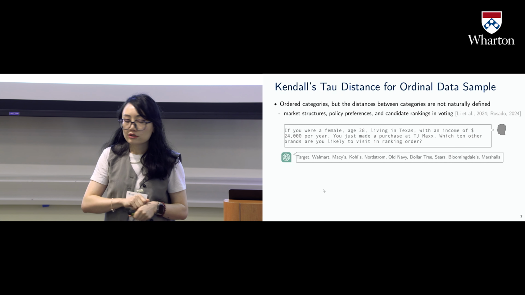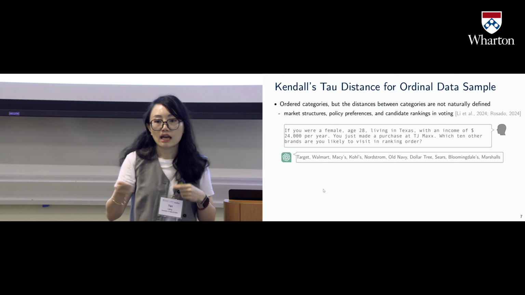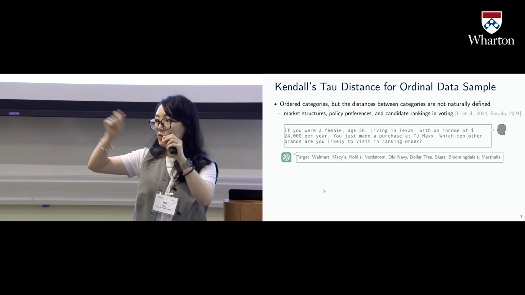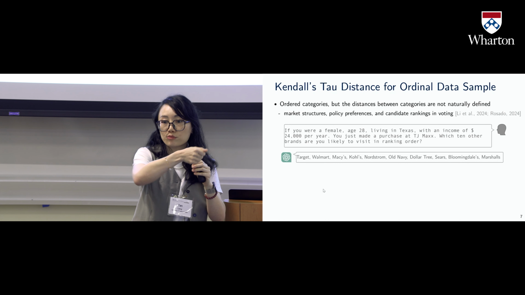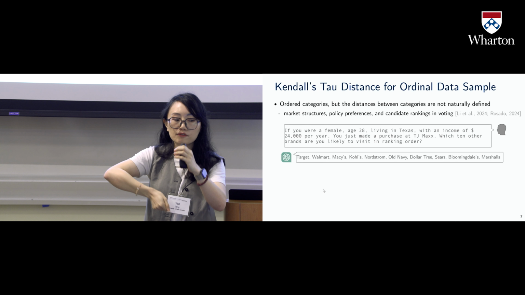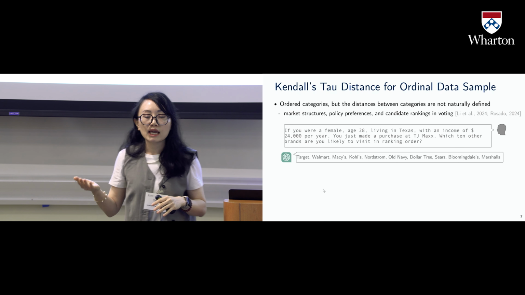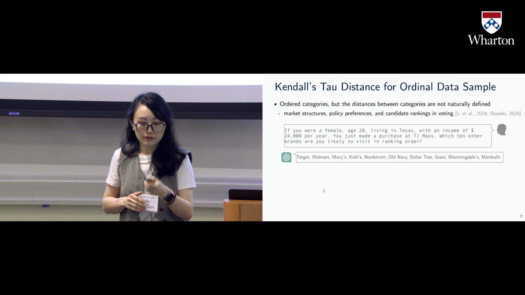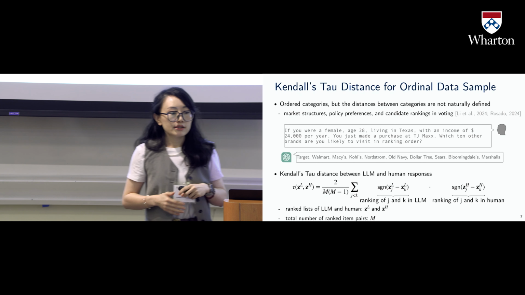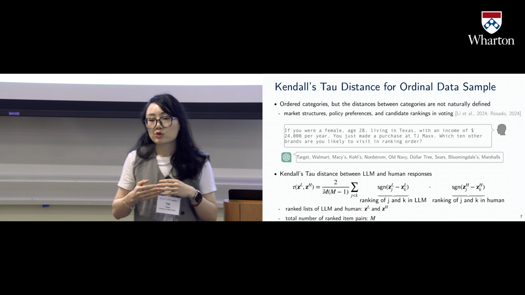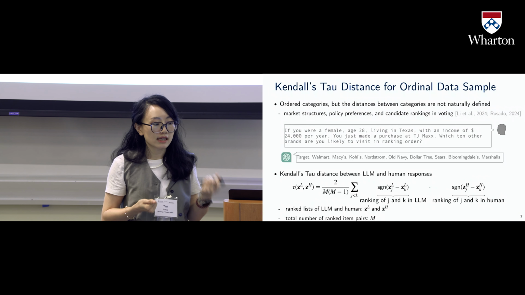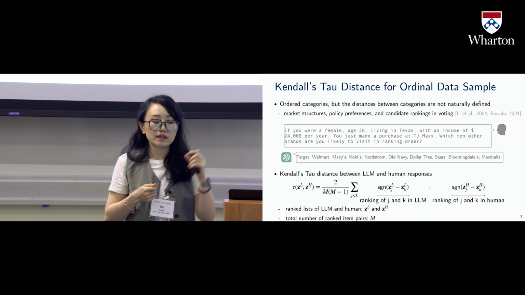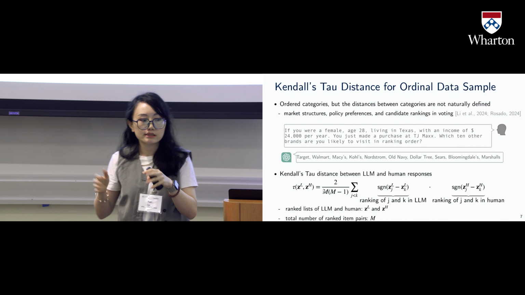In terms of practical application, we can use it to collect LLM's responses if we ask LLM for the brands that are associated with a given brand, and LLM can provide a list of similar businesses in ranking order, or it can be used to collect information about policy ranking or candidate ranking in voting. To calculate the distances between these ordinal data samples, we use Kendall-style distance, which basically calculates the percentage of matched pairs between LLM responses and human responses.